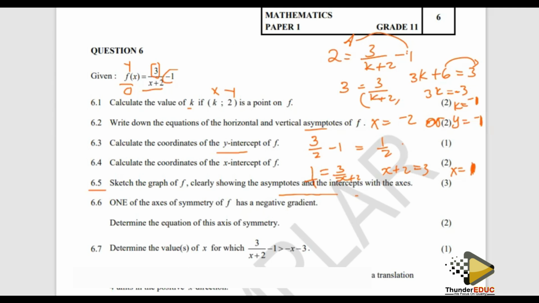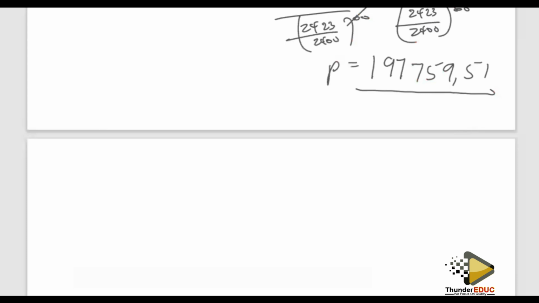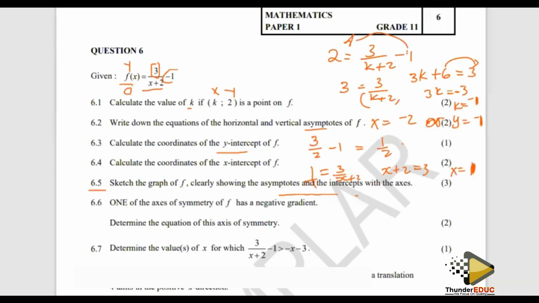So let's start by just drawing our Cartesian plane, just a simple one. Remember, you don't have to be very, very accurate. It's a sketch. So we said x was -2 and y was -1.